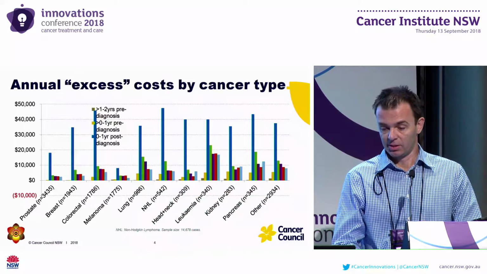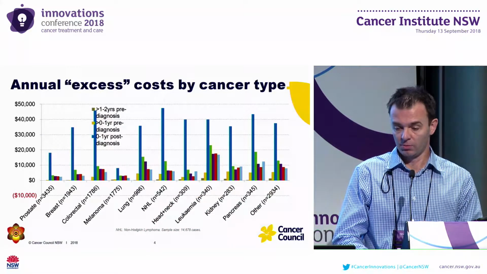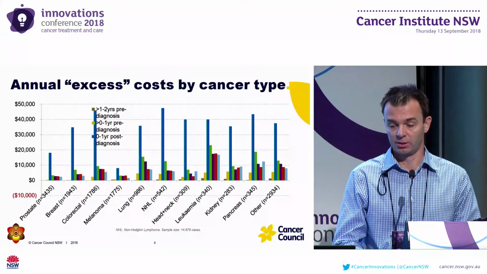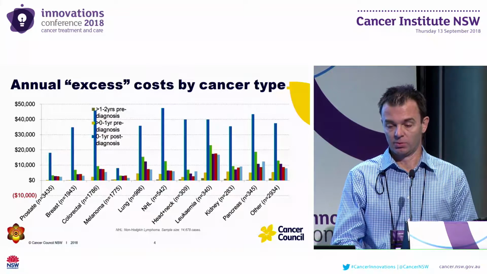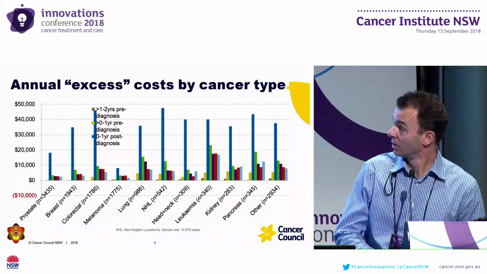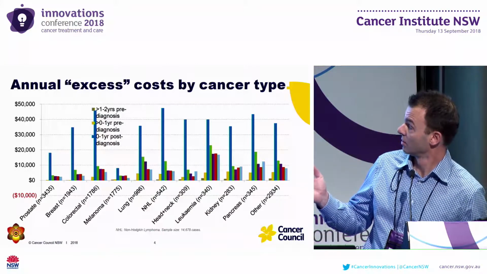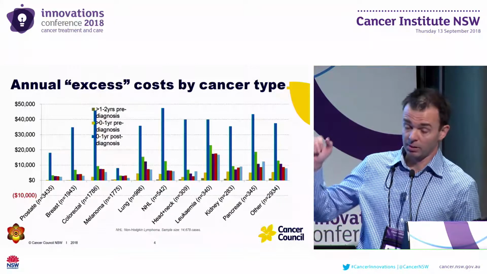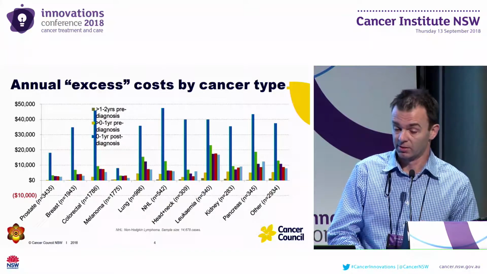So the first set of results here, we've broken down by the 10 most common cancer types in Australia. From our sample, each of these columns represents one year relative to diagnosis. So we can see that the big blue column for each one is the year after diagnosis.